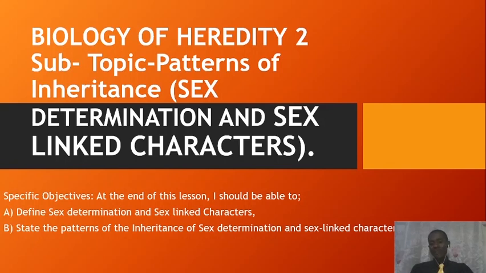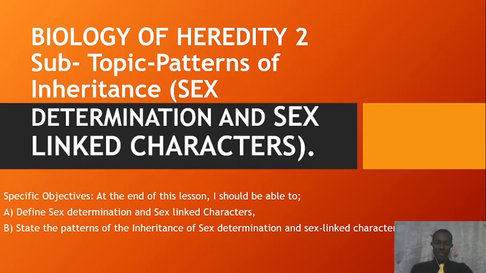How do you determine when a male child is to be given birth to or when a female child is to be given birth to? Using the genetic crosses, you're going to find out that it is possible to determine, as long as you know the genetic constituent of a gamete.